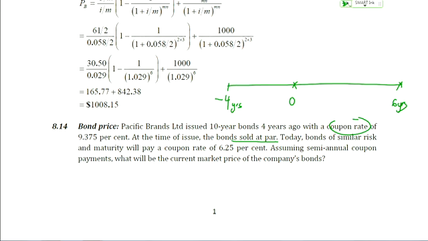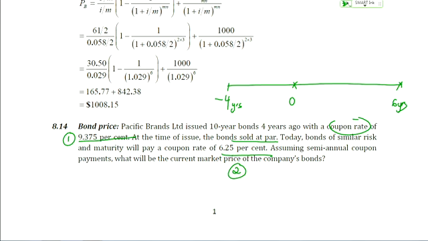Your bond is paying, would your bond be paying 6.25% or 9.375%? The first number, the top number, or the second one? How many of you believe that this is a coupon rate of your bond? And how many believe that this is a coupon rate of your bond? The first number or the second number is the coupon rate of the bond. The first one, right? Because it was issued 4 years ago.